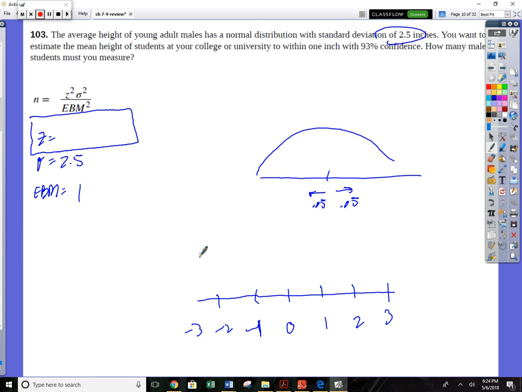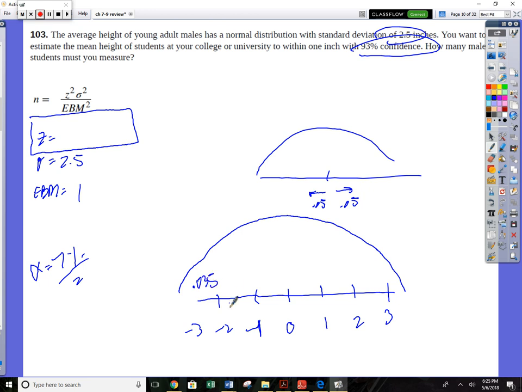If I want a 93% confidence interval, then alpha is 7%, and divided by 2 that is 0.035 on the left and 0.035 on the right. Now I don't know where that falls as far as the z-scores.